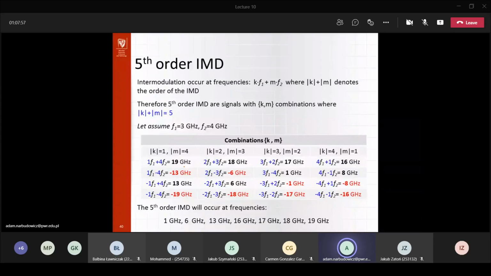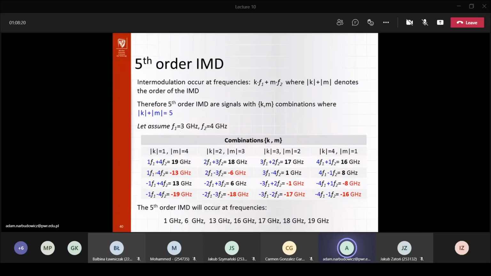So it won't directly impact our system, which works between 3 and 4 gigahertz. So we can say it is someone else's problem. But of course, if the regulator or somebody comes to you, you might also be in trouble. Then we also get the negative frequencies, which, as you see, mirror the positive ones.